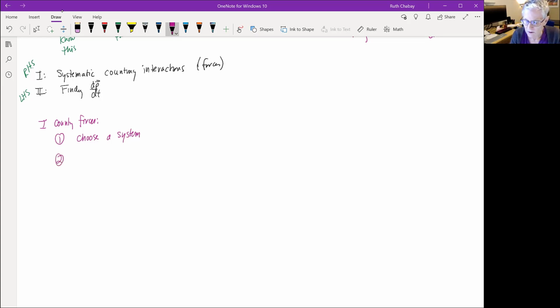The second step is to identify every object in the surroundings interacting at a distance.